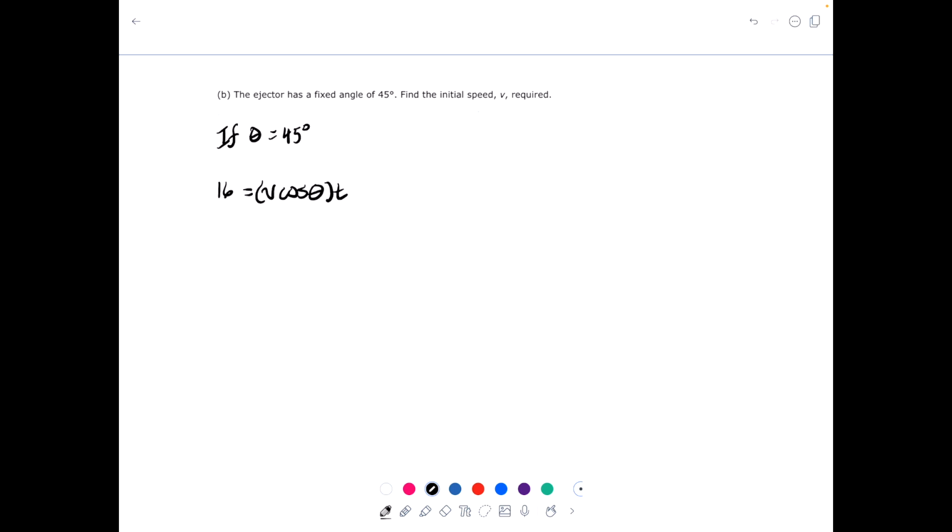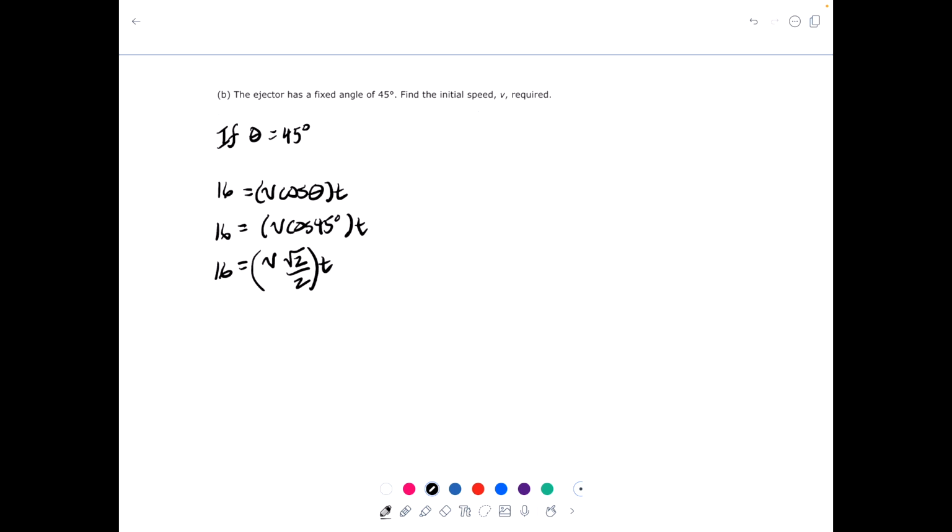So plugging in the angle, 16 would be v times cosine 45 degrees times t. So 16 would be v times root 2 over 2 times t. I'll write it like this.